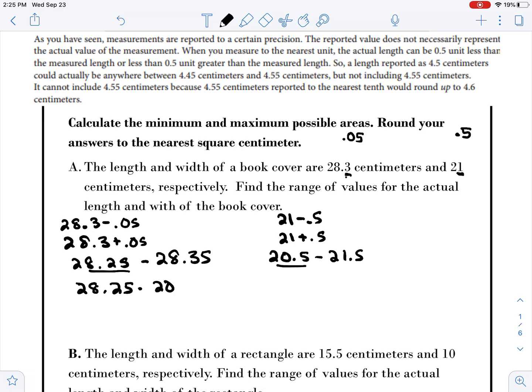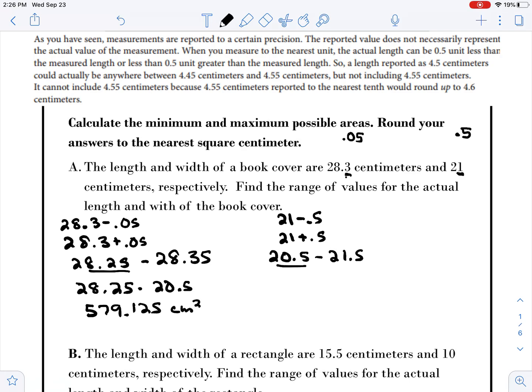28.25 times 20.5. When we do that, we get 579.125, and this would be in centimeters squared.